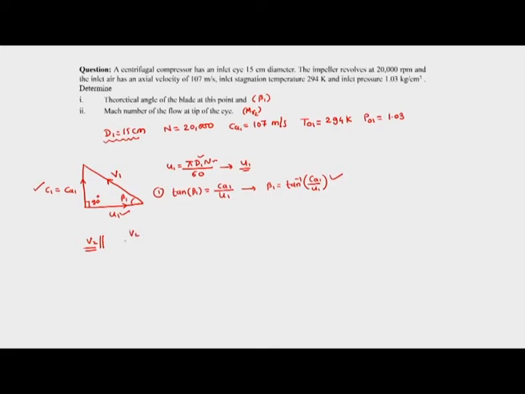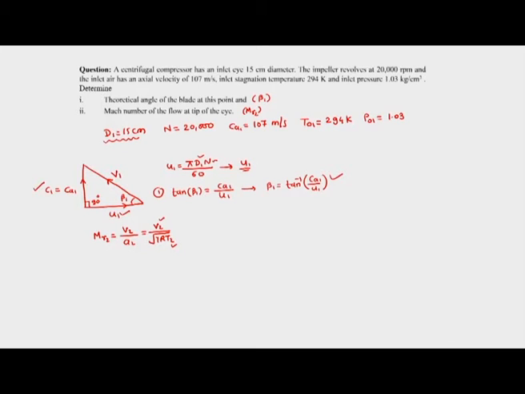The formula of Mach number MR2 is V2 upon A2, so V2 upon square root of gamma R T2. So we should know V2 and T2. Once we know V2 and T2, we can find out MR2.